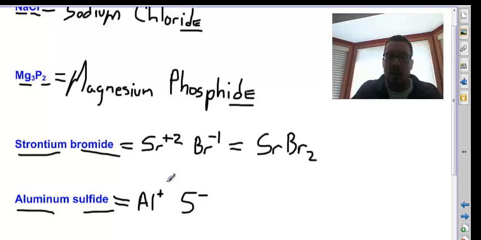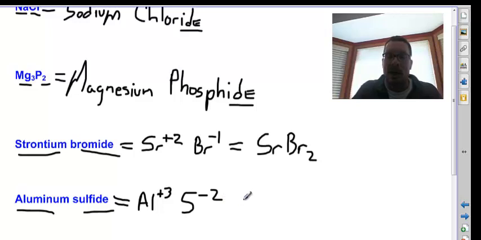Now when I go look at aluminum, in the same column as boron and stuff, it has 3 valence electrons. It will want to dump those 3 and get to a stable octet from its filled shell below. Sulfur is in the same column as oxygen and that crew, and it has 6 valence electrons. So it would like to pick up 2 electrons and be a -2 charge.